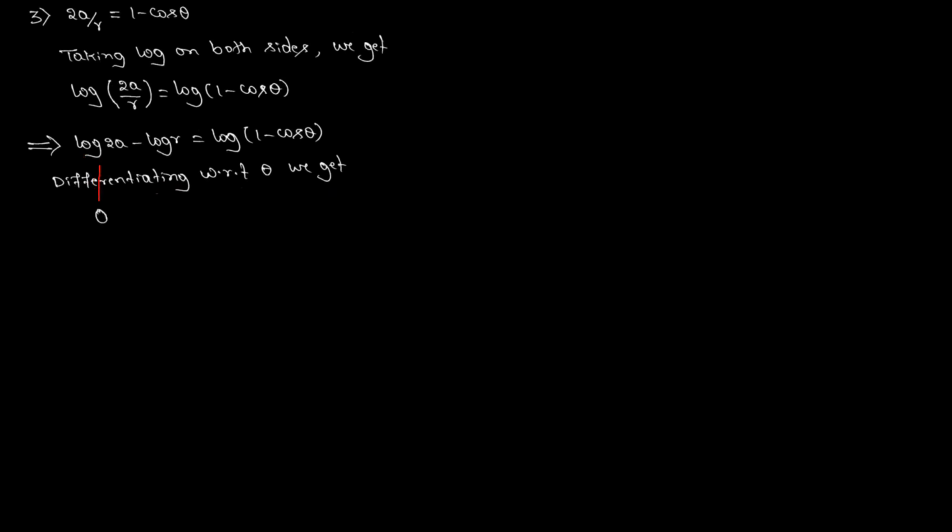Therefore we have written differentiation of log 2a is 0 minus differentiation of log r is 1 by r dr by d theta, and to differentiate the RHS we need to apply the chain rule. Differentiation of the log function is 1 divided by 1 minus cos theta into differentiation of 1 minus cos theta.